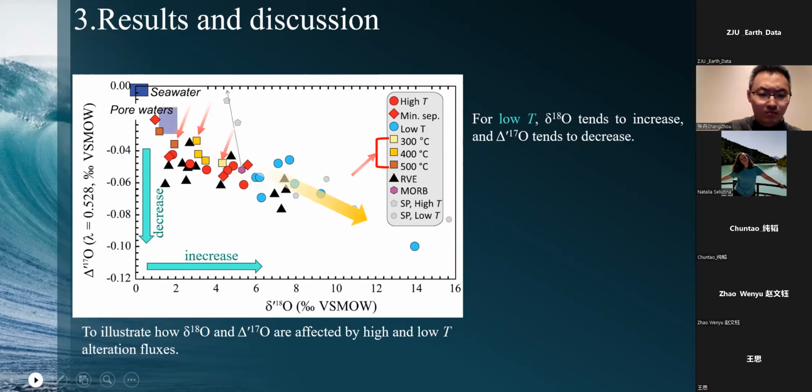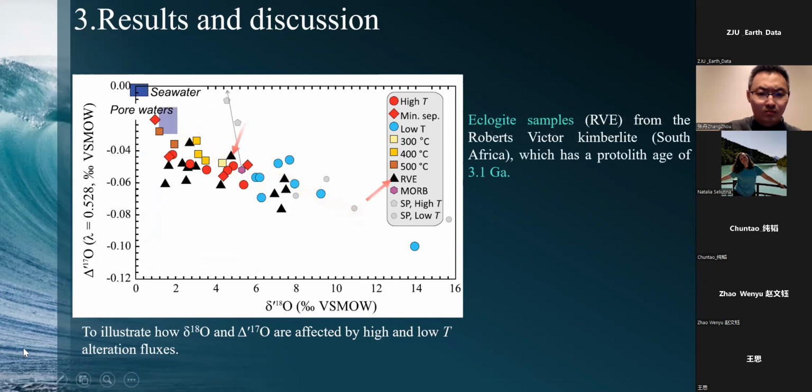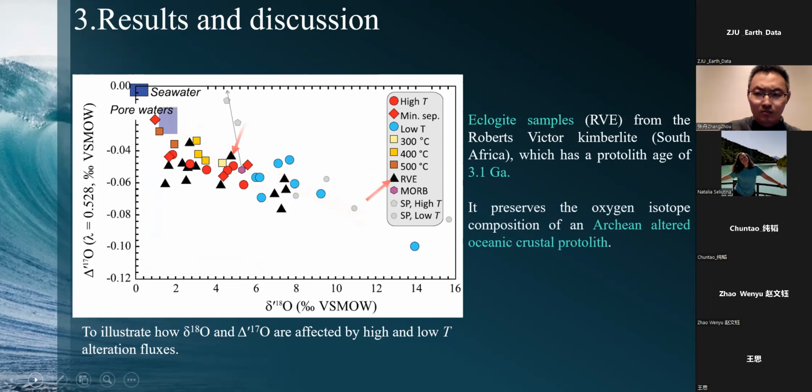So please move to next paragraph. Okay. These are the eclogite samples from the Roberts Victor Kimberlite in South Africa, which has a protolith age of 3.1 billion years ago. According to previous studies by other researchers, it preserves the oxygen isotope composition of an Archean oceanic protolith.